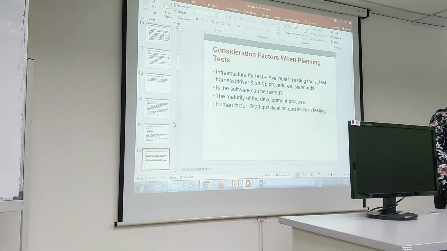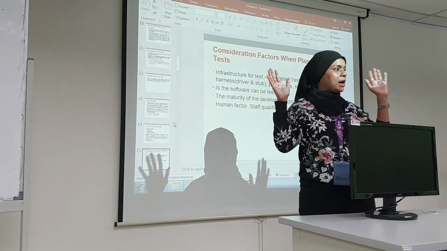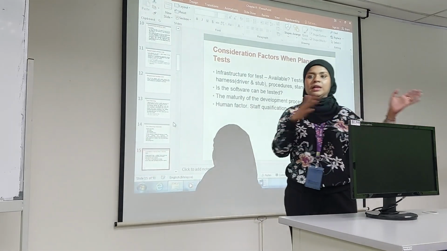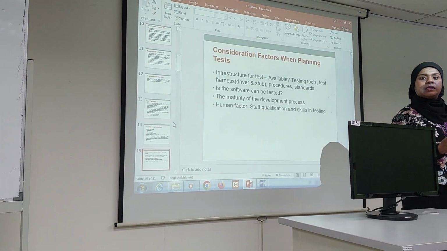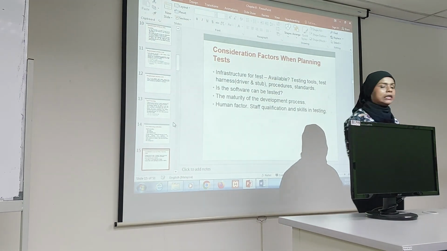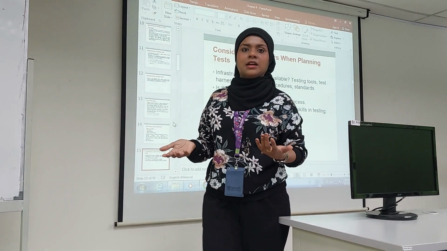If I'm using the waterfall model, I have a few months where I can sit and do nothing, waiting for the development to be complete, then I start the testing and test the entire system in one shot. Correct? If I say incremental model, how many times can I test?